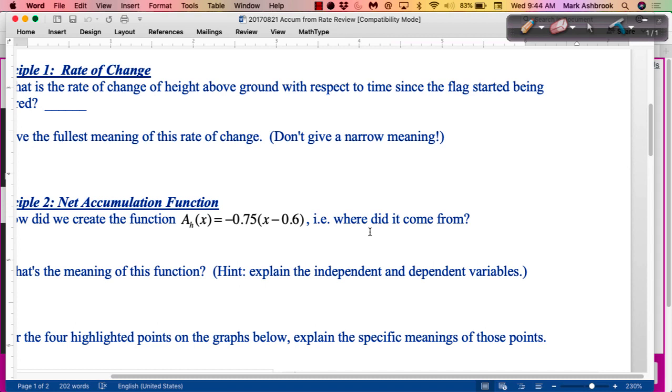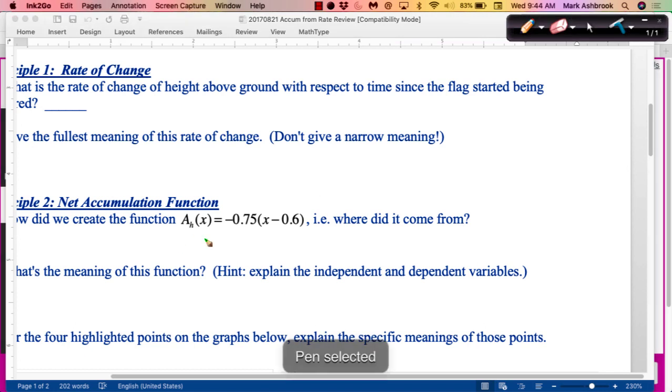We know how fast that's changing at every moment. That was our value of m. And how fast was the height changing at every moment? Negative 0.75 meters per second. That's telling us how fast the height is changing at every moment. So the quantity in question is height, and here's the rate of change of height.